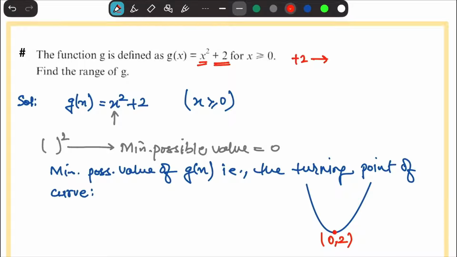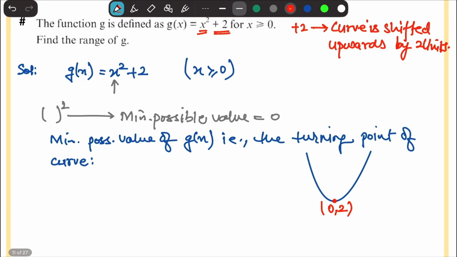This plus 2 represents that the curve is shifted upwards by 2 units. Okay, so here you can see that this is the graph, and it is representing 0 comma 2 as a vertex, right?